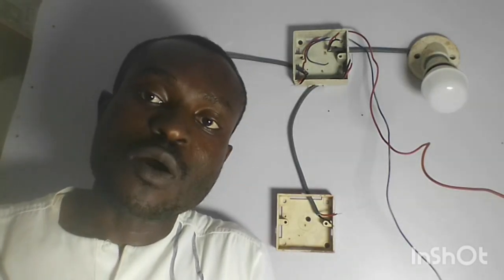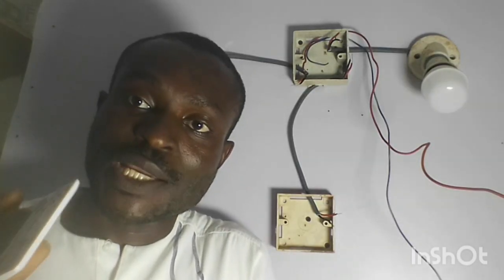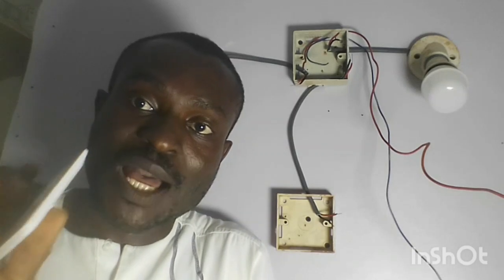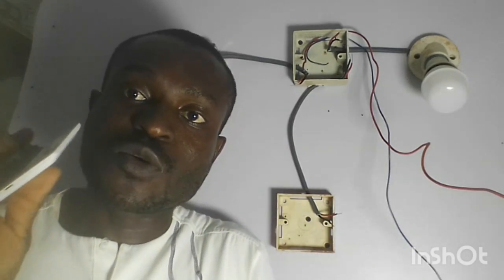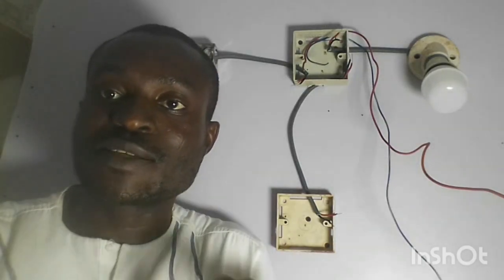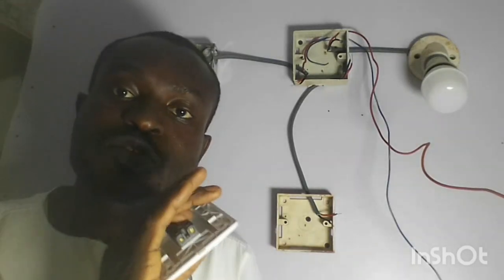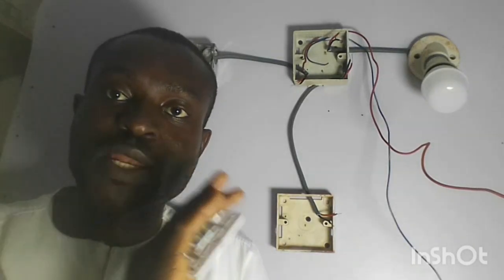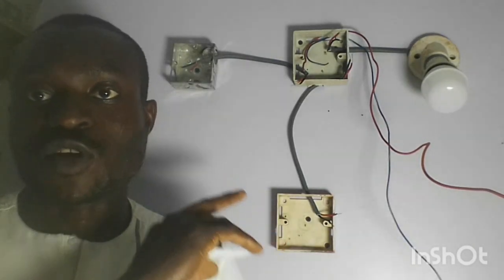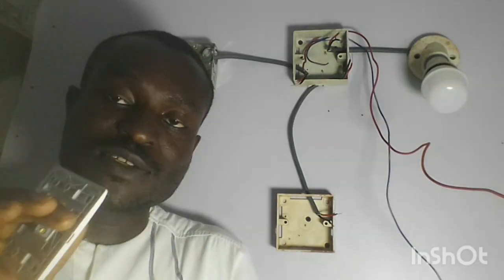So depending on the kind of switch we encounter, the principles are just the same, and the way you connect most of those switches is the simple procedure that I'm going to be showing in this video. What I'm going to be doing in this video is just to connect a switch to a light bulb and a socket to the system.